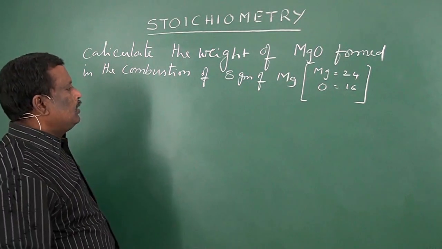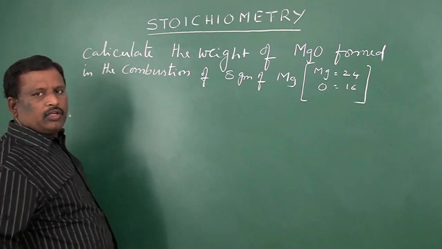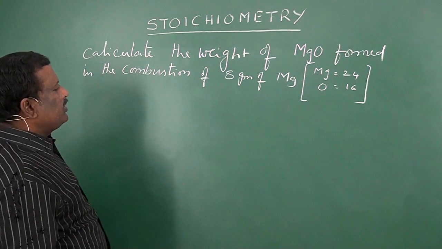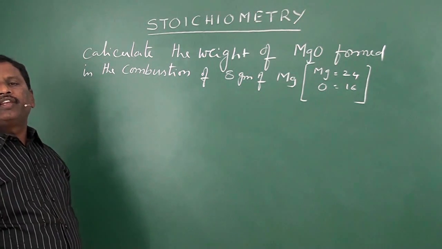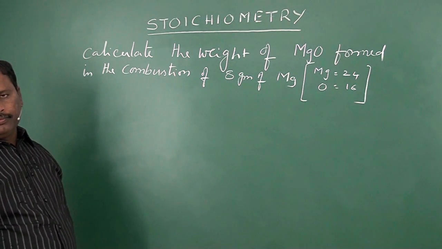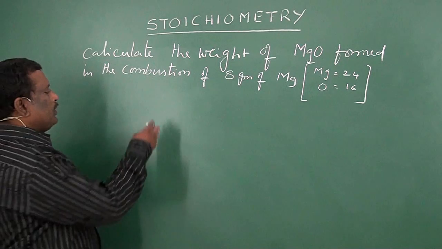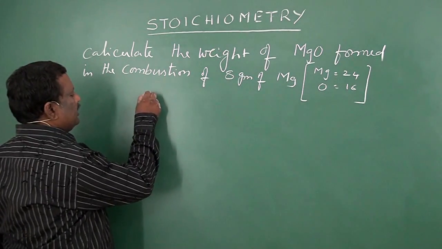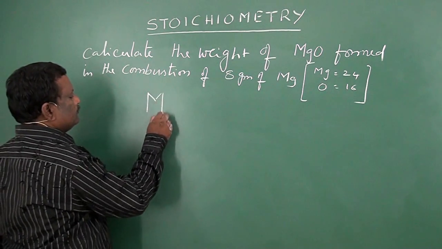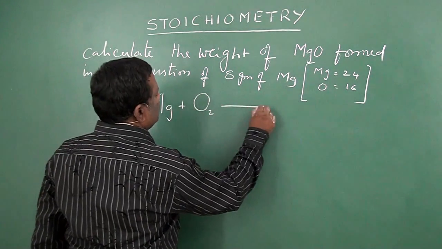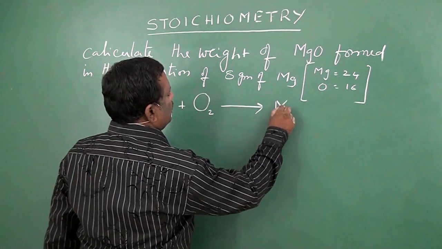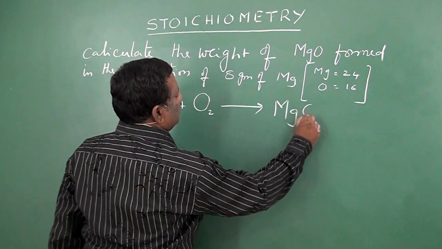So here, the first step while doing this problem: what is the reaction of magnesium when it is burned? Magnesium, when burned in presence of oxygen, will give us magnesium oxide.